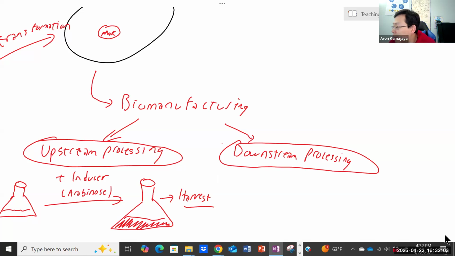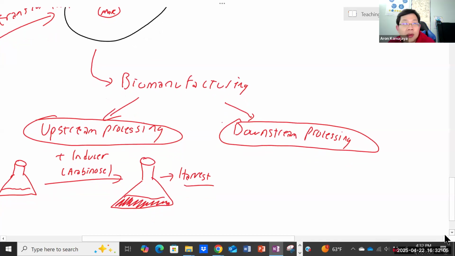Okay, it involves a lot of techniques, some biochemistry techniques over there. There are different ways to separate your product. One is you can do fractionation by centrifugation, for example.